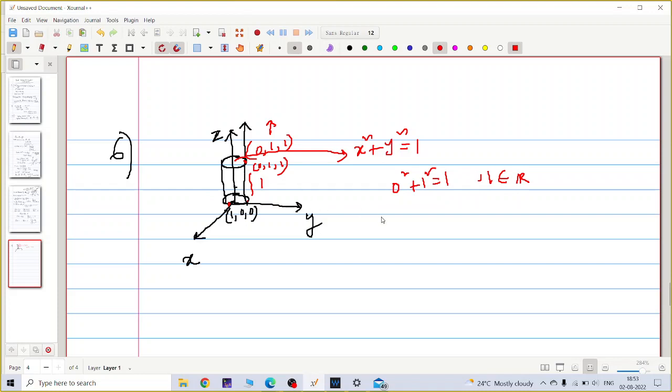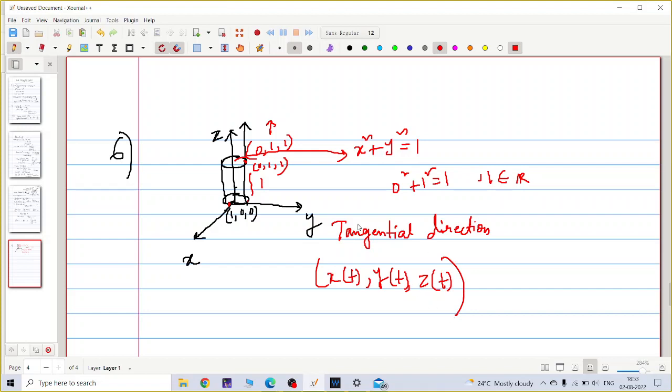The point is you have to calculate the tangent at that point. Tangential direction means what? Suppose a curve is given in parametric form x(t), y(t) and z(t). All the curves lie on the cylinder.